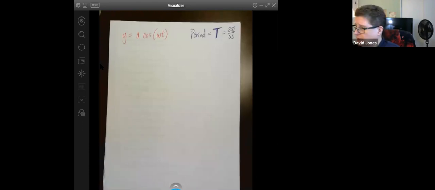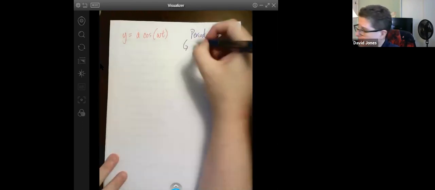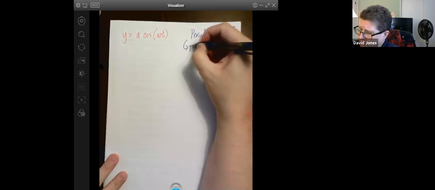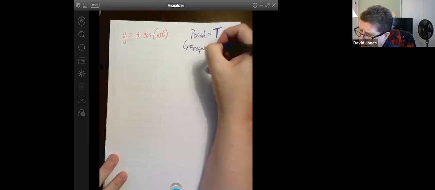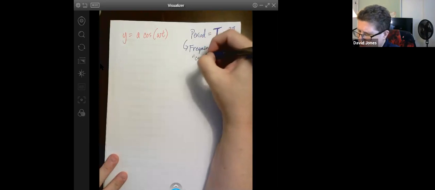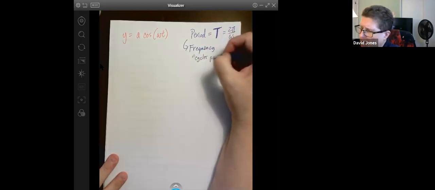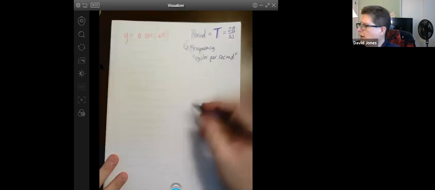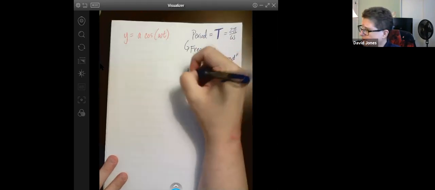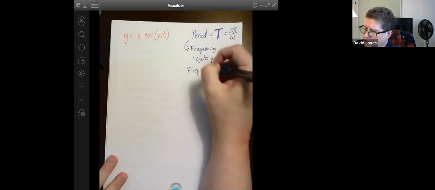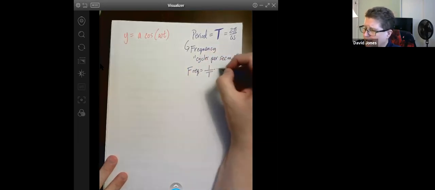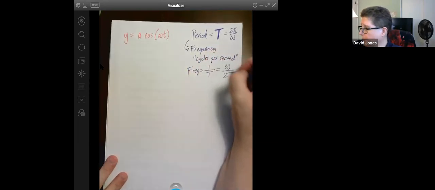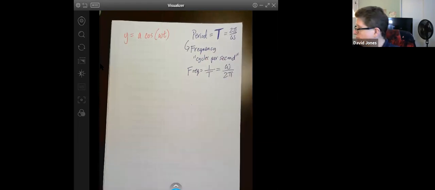Okay? Frequency, which is cycles per second. How many times does it go up and down in 1 second? Frequency equals 1 over T, which is effectively omega over 2 pi. Okay? So that's what's going to go on in 6.7 to start off with.